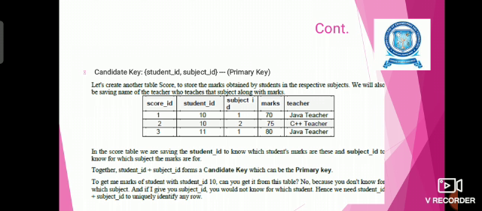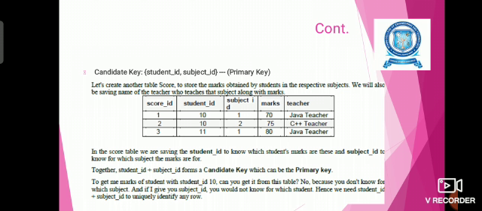Now we are going to consider the teacher attribute. Before that, in the score table, the combined attributes of student ID and subject ID will be the candidate key, which is also the primary key.